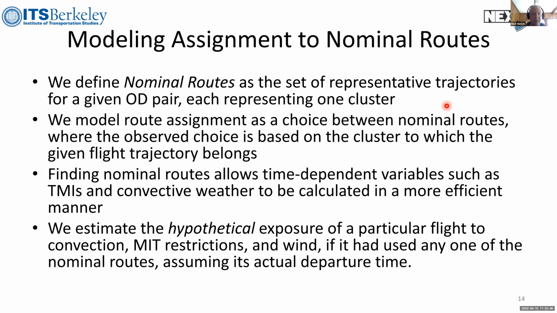So basically, using these nominal routes allows time-dependent variables such as traffic management initiatives and convective weather to be characterized in a more efficient way.